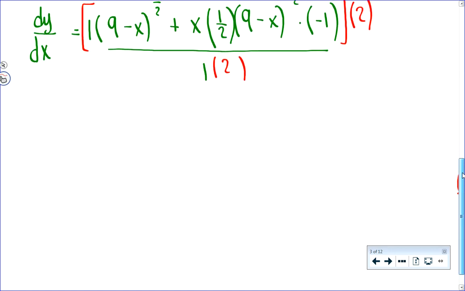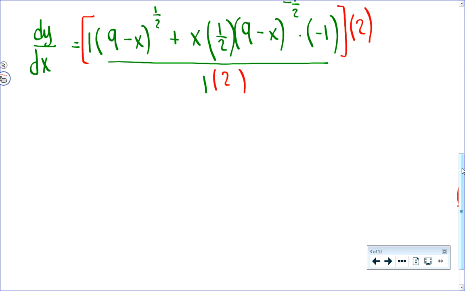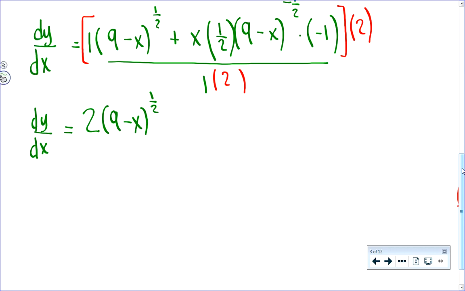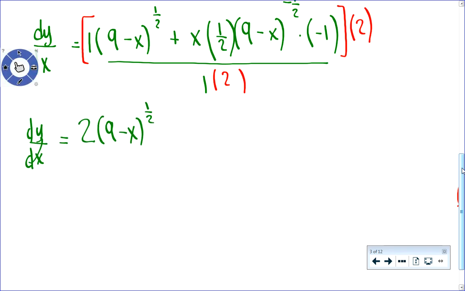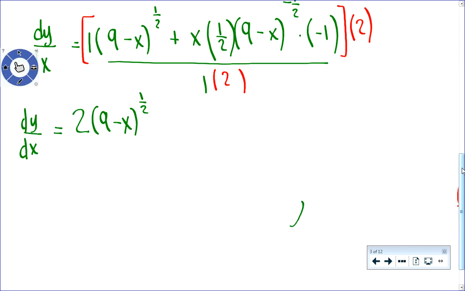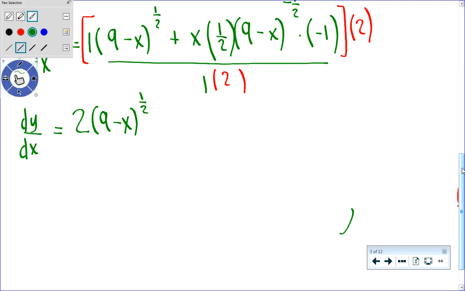So when I do multiply top and bottom by 2, I end up with dy/dx equals 2 times 9 minus x to the half, then I have plus x.